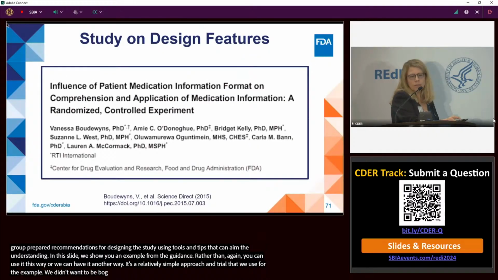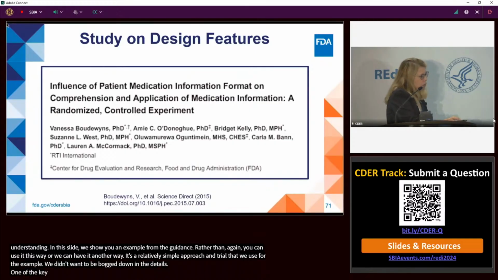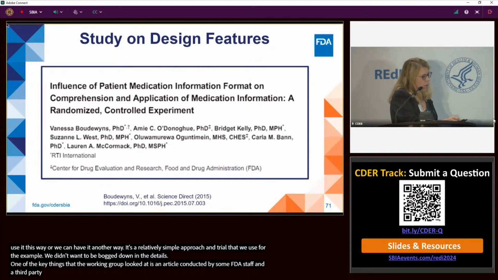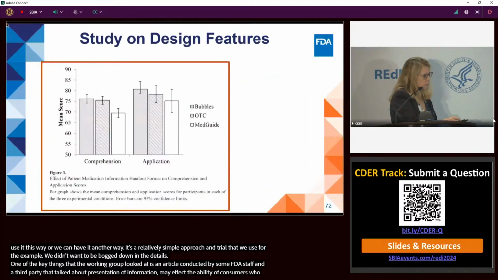One of the key things that the working group looked at was an article conducted by some FDA staff and a third party that talked about how presentation of information may affect the ability of consumers to understand labeling for prescription drugs.